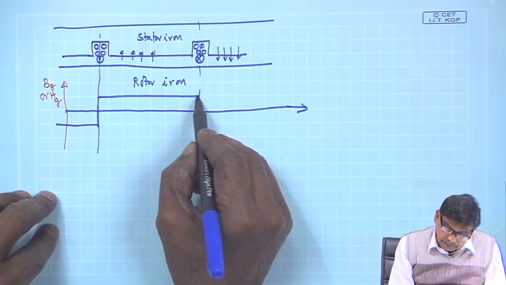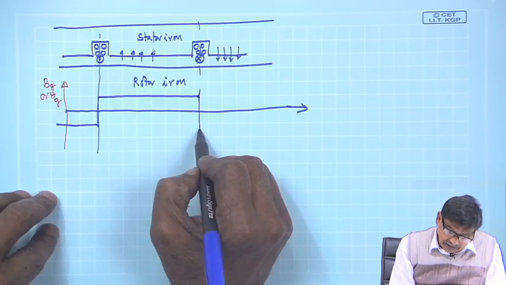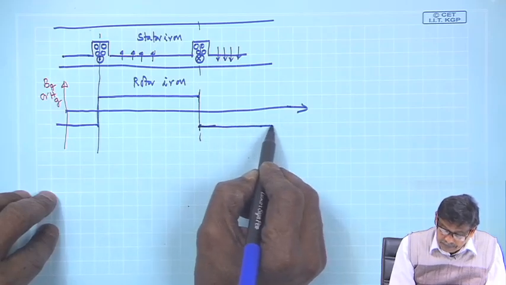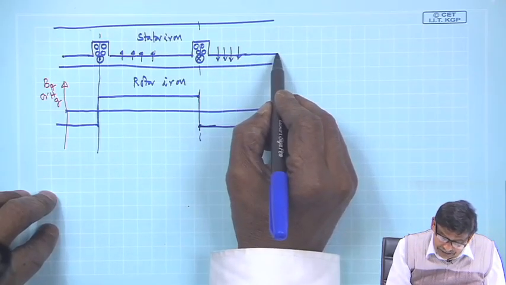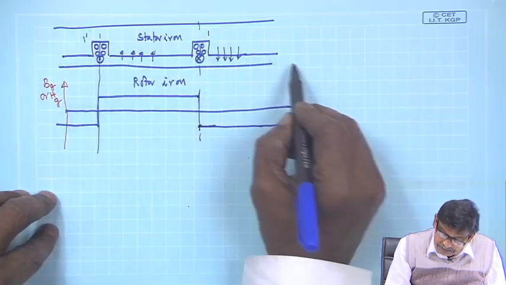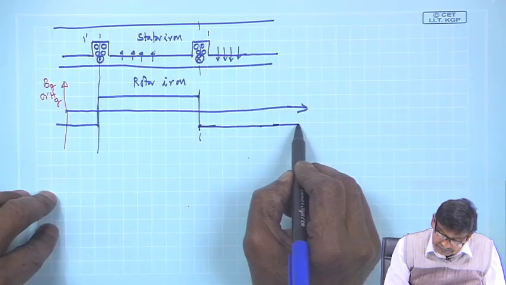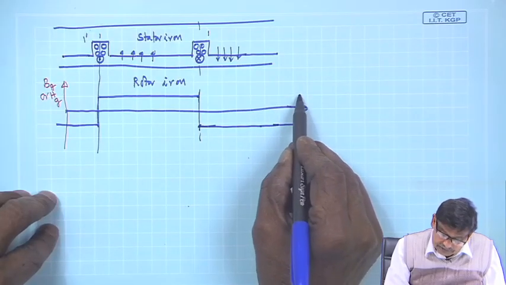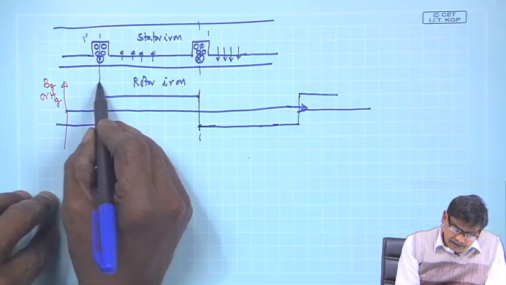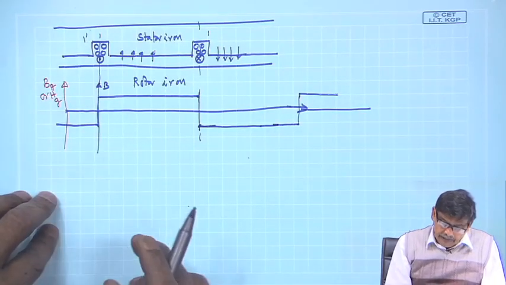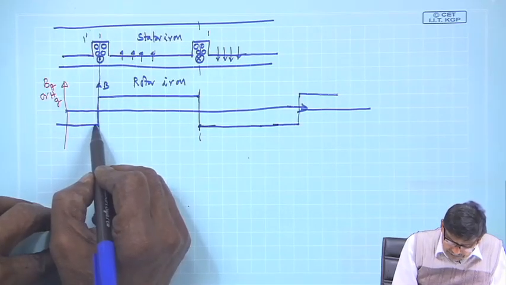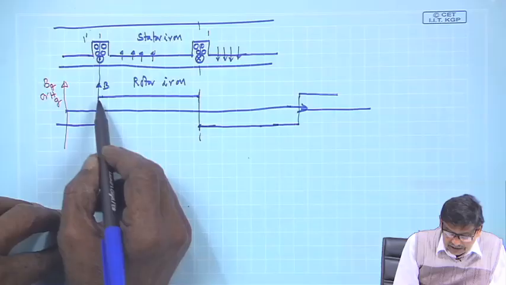Once again you will see this one dashed and this one, a symmetric square wave, plus to minus. This is B or H, and as I told you, it will jump from here to here by applying Ampere's circuital law.